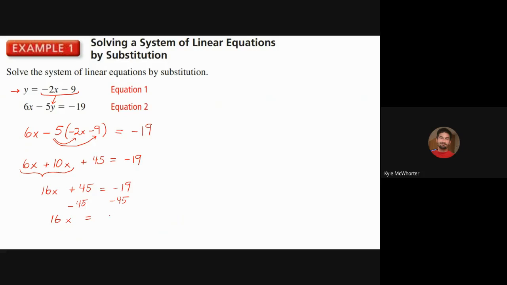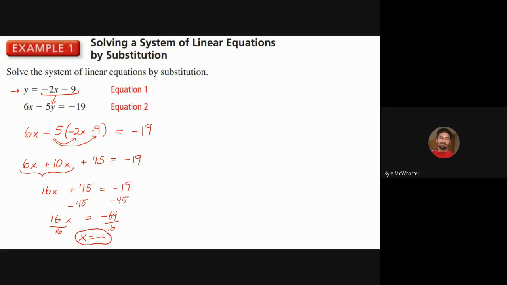So it's going to be negative 64. Divide both sides by 16. And then we get x equals negative 64 divided by 16, which is negative 4. So x equals -4. That is not the entire solution, but it's part of our solution.